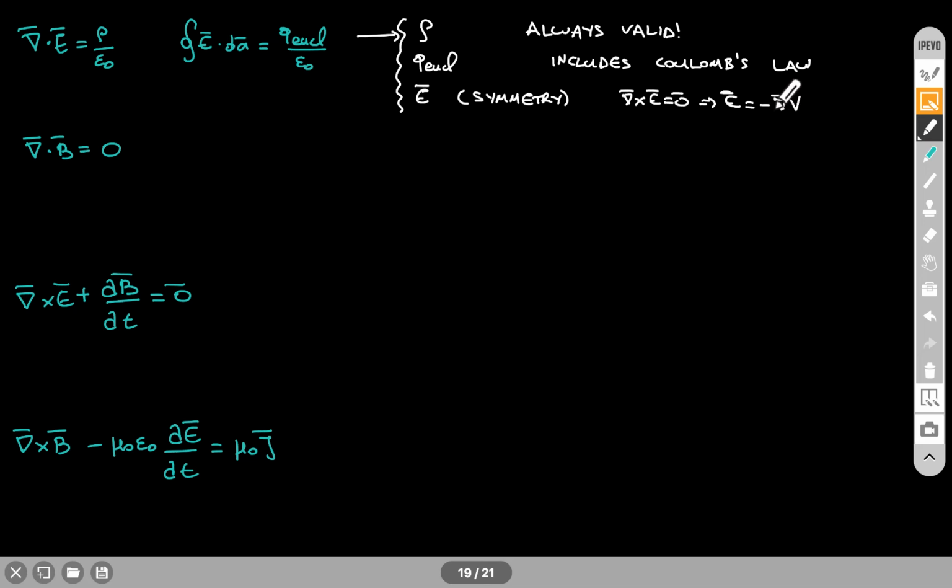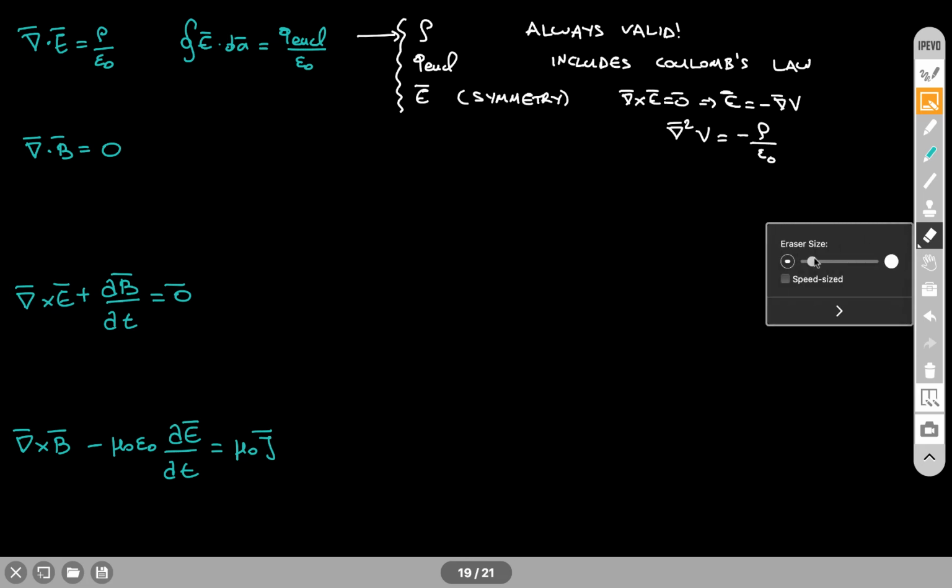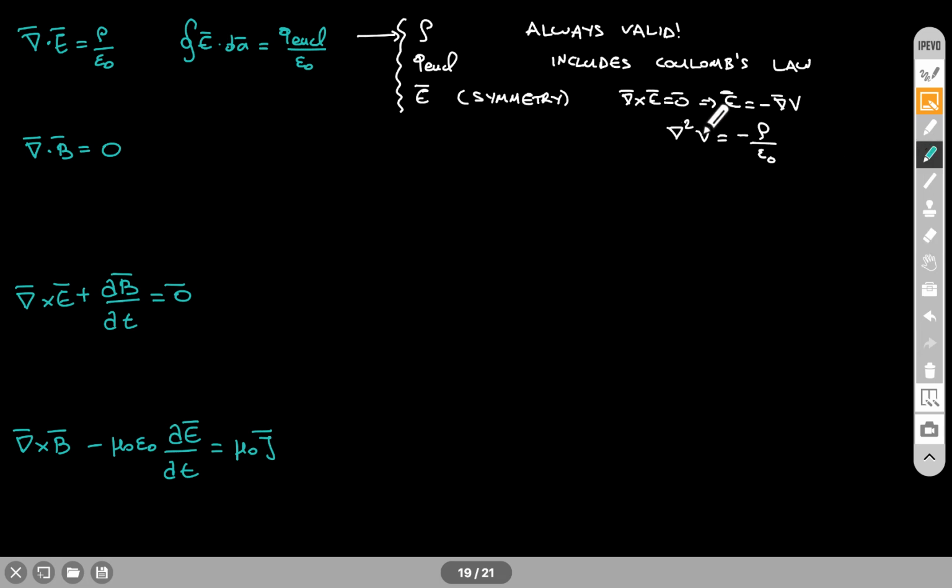And if I use this expression in the differential form of Gauss's law, then I get that the Laplacian of the potential, and there is no line in the Laplacian, is equal to minus the charge density over epsilon naught.